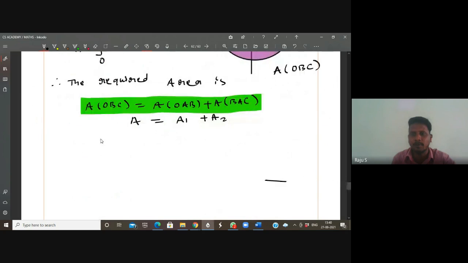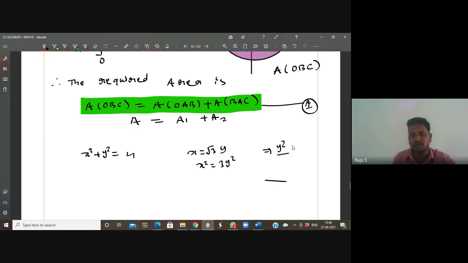So here, the circle equation x square plus y square is 4, let us take this as equation 1, and the given line is x is equal to root 3 y. Squaring on both sides, x square is equal to 3y square, which implies y square is equal to x square by 3.